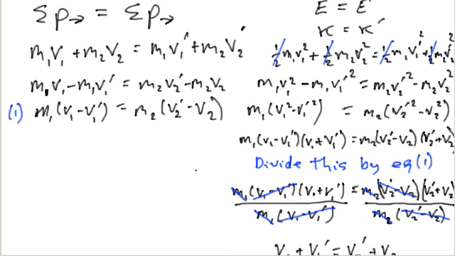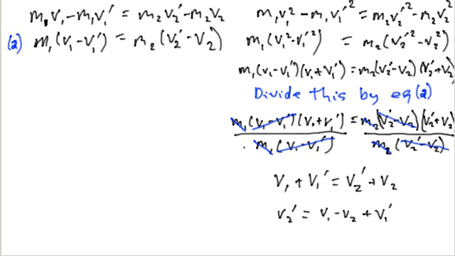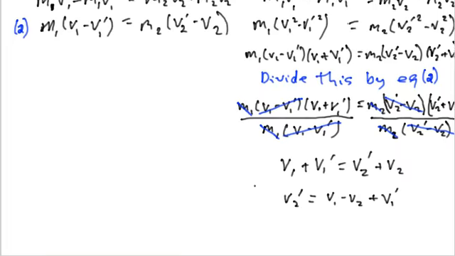I think I'm going to change my numbering system. I'll call this 1, and that makes this 2. So divide by equation 2 instead of 1. So substitute this into 2.